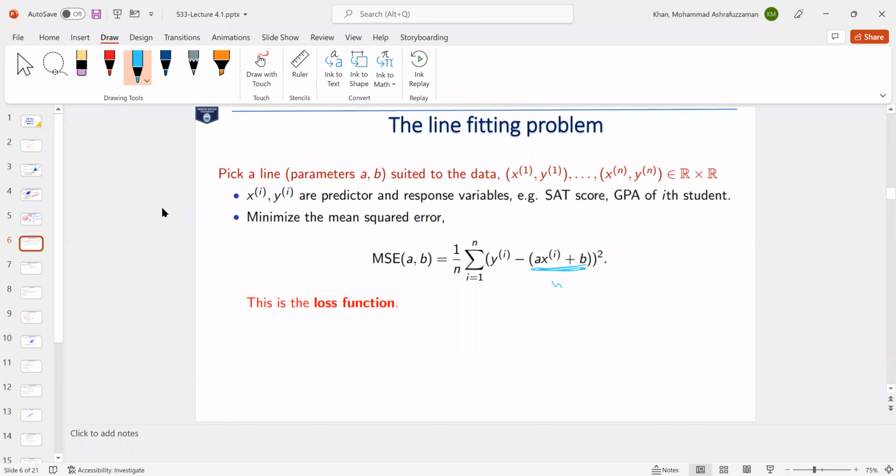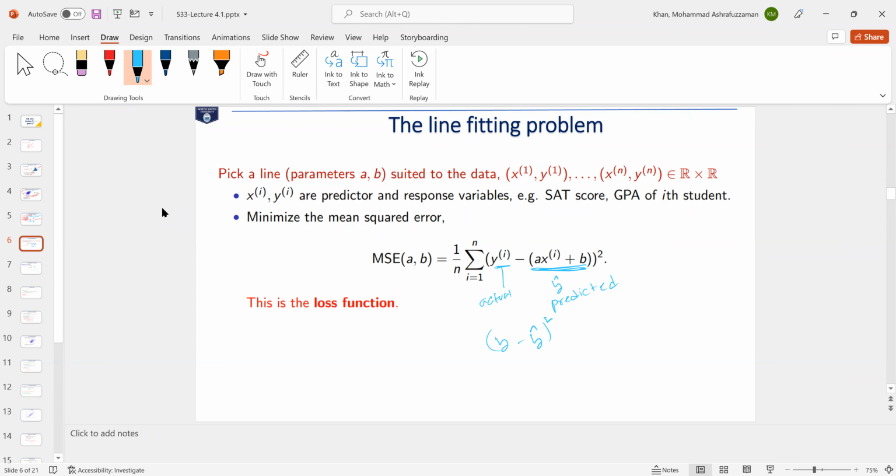So this is y hat or predicted value, and this is the actual value. So this is actual and this is predicted. Now we are taking the difference. So basically we're doing y minus y hat squared.